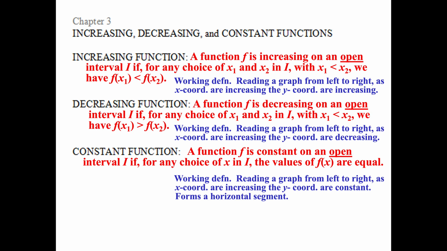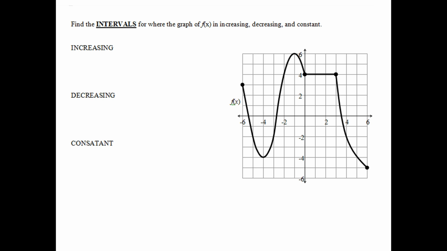All right, so let's practice looking at a graph. So find the intervals for where the graph of f of x, there's my f of x right next to my picture, is increasing, decreasing, or constant. So if I'm increasing, my working definition says read it from left to right. Remember, these should be all open intervals.